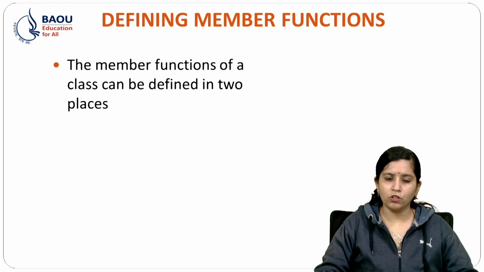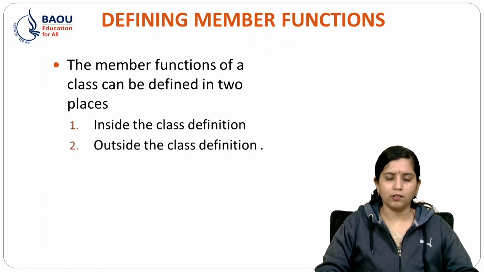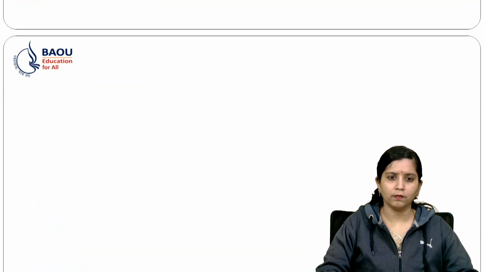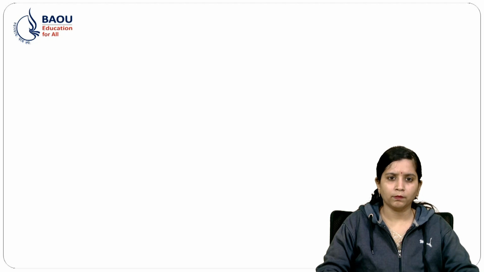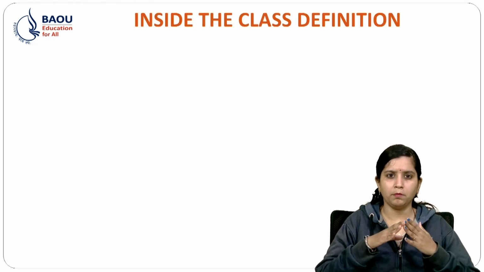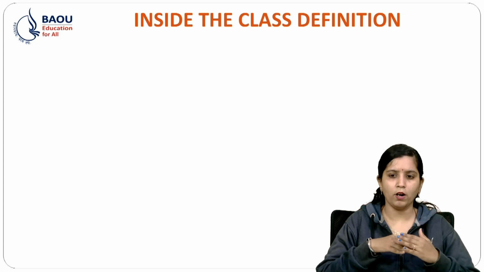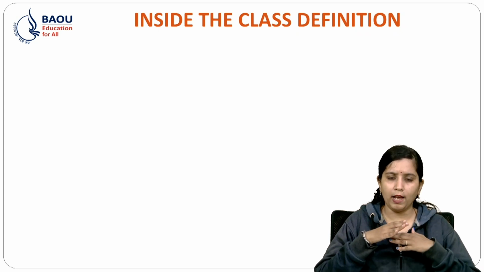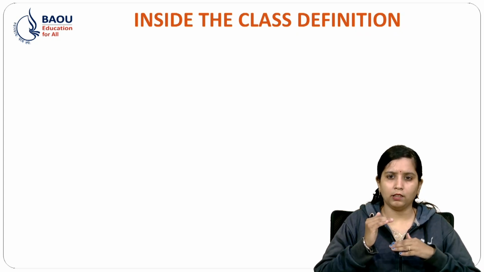So the member functions of a class can be defined in two places, that is inside the class definition and outside the class definition. So what is inside the class definition? The data members of a class must be declared within the body of a class, which is known as the class definition.